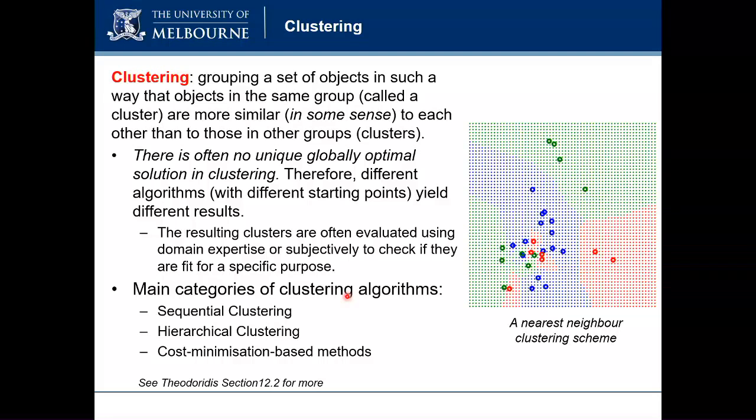What else? The main categories of clustering algorithms. I wanted to mention sequential and hierarchical clustering. They are not the most popular techniques, but sometimes these are goodies. Old classical methods work really well. I'm skipping a lot of historical methods in machine learning in this subject, to be honest with you.